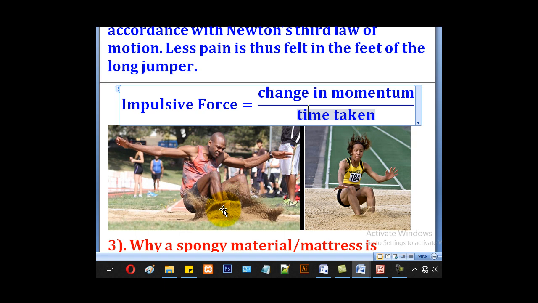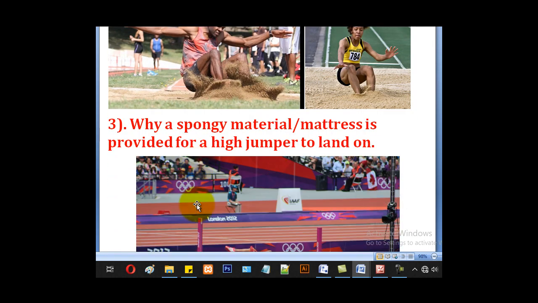Remember, action and reaction are equal. Therefore, if it was hard, he would land with a higher force, and therefore the reaction will also be higher, and he may receive a lot of damage. So sand is used to increase the time so that the impulsive force reduces.